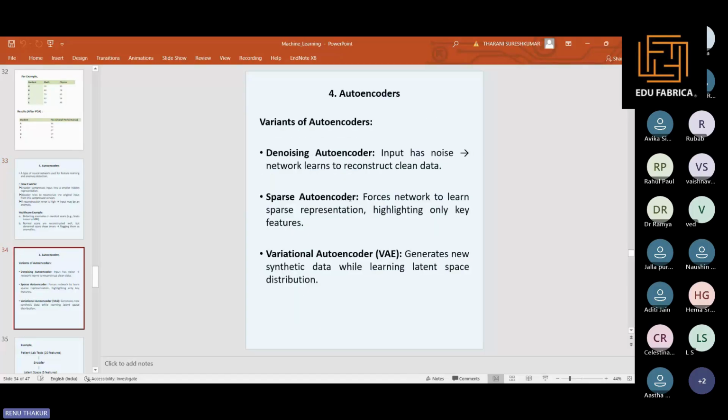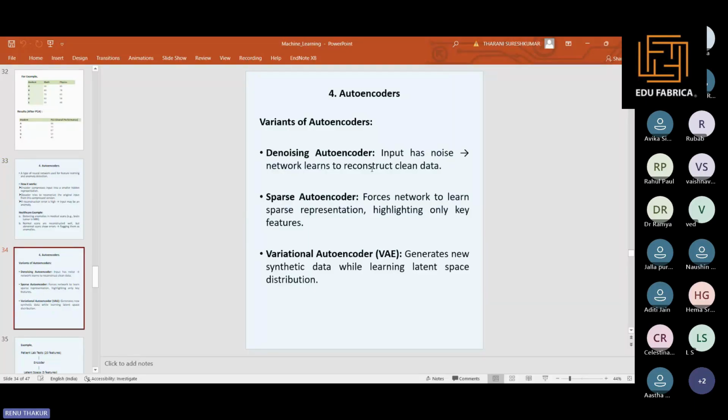There are three variants of autoencoder. First is the denoising autoencoder. There will be noise or errors in the input data, and the network learns to reconstruct the clean data. For example, the input is a patient's lab test readings, but some measurements are noisy or corrupted.